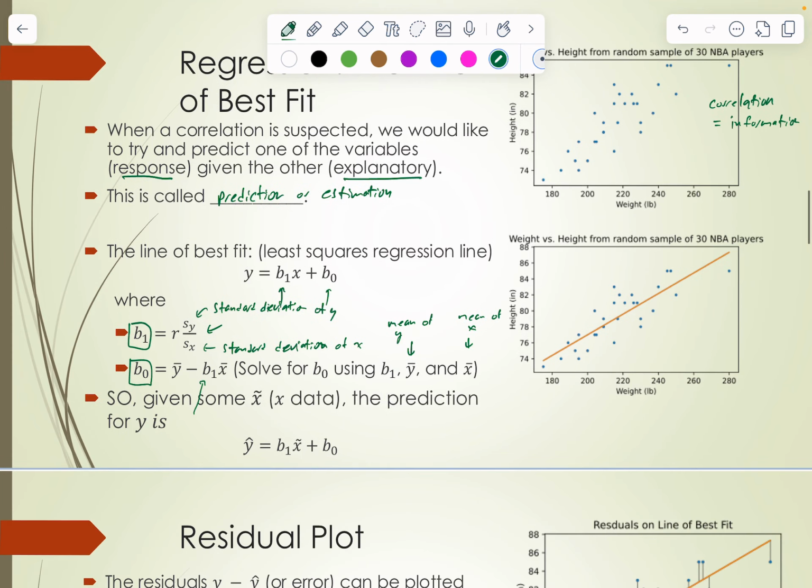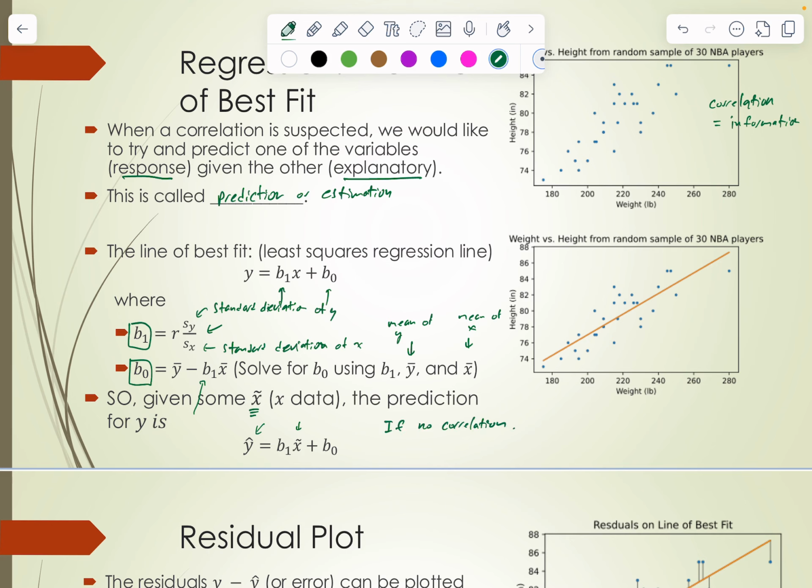Once you have that line and some data, you plug in x tilde for x, and you get out y hat. That hat is the notation we use for something that is estimated, and the tilde is sometimes used to represent data. You might not have data for y, but if you have data for x, you can determine what y is likely to be.